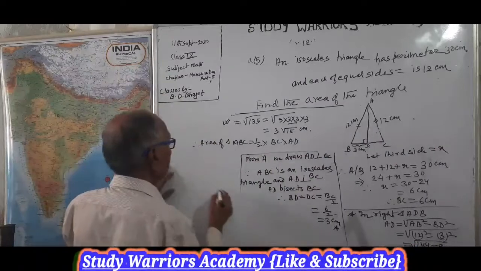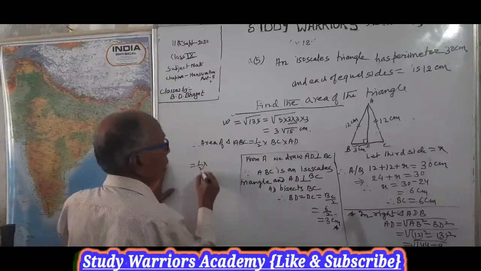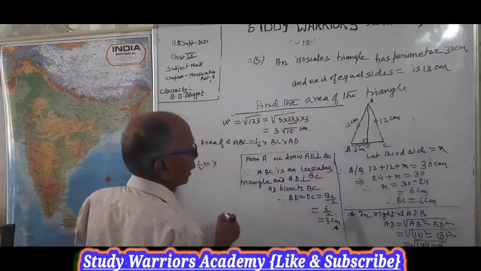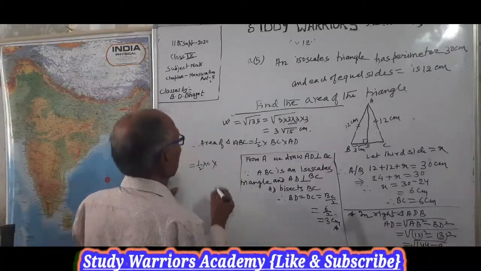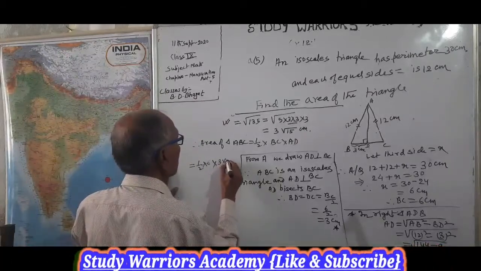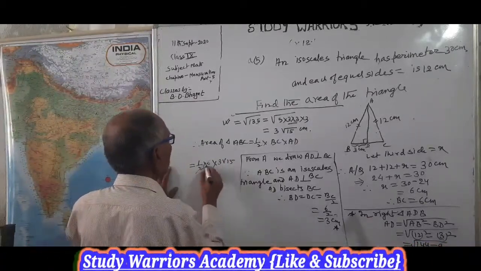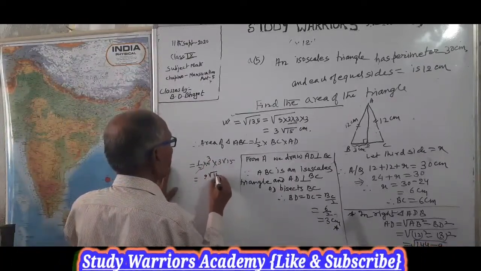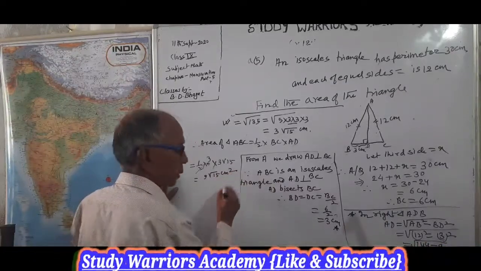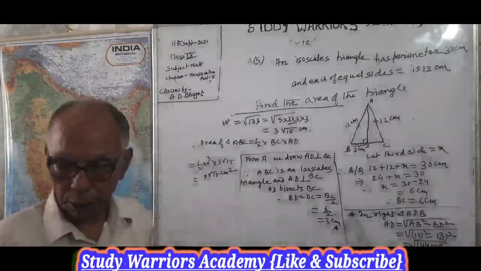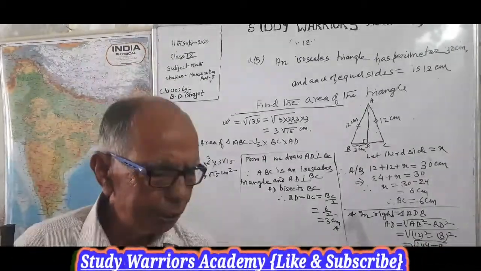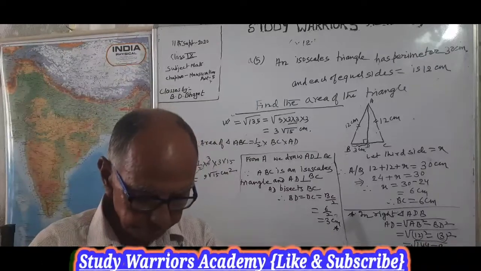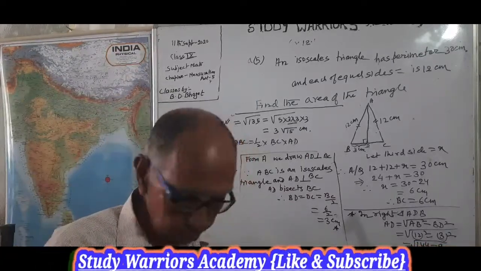It will be equal to half into BC 6 into height 3 root 15, which is 9 root 15 centimeter square. If at any place calculation is wrong, then you can do the correct calculation, because I am doing all the calculation on the board.